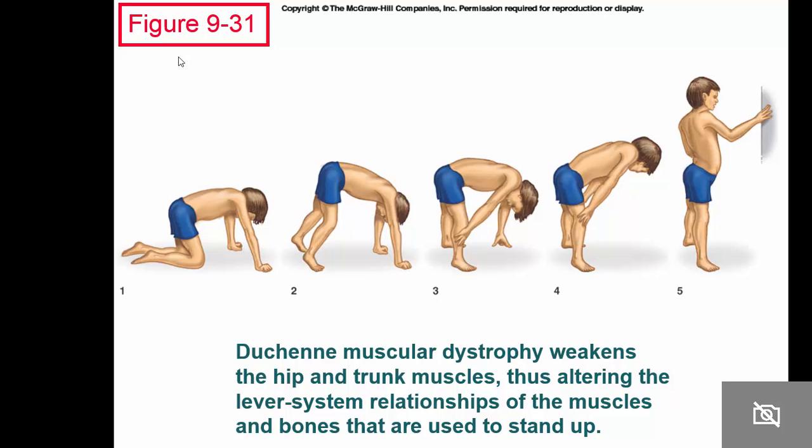All right, a little bit of a disease. Duchenne's muscular dystrophy is a disease where the dystrophin complex, when you look at the muscle cells, there is a complex that's on the outside of a muscle cell.